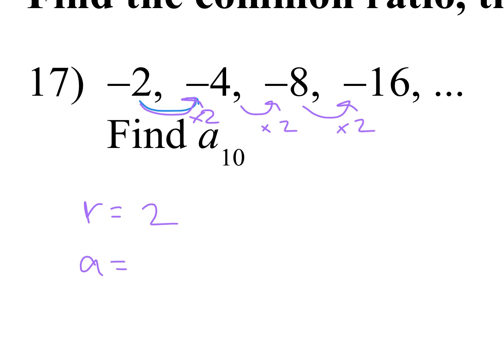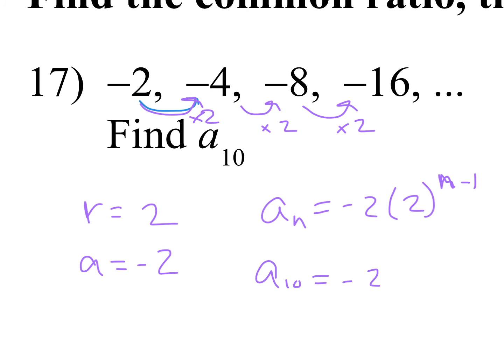What's our first term? Negative 2. So our formula for a geometric sequence is a sub n is equal to our starting term times our ratio, so times 2 to the power of n minus 1. What are we plugging in for n here? 10. So negative 2 times 2 to the power of 10 minus 1.